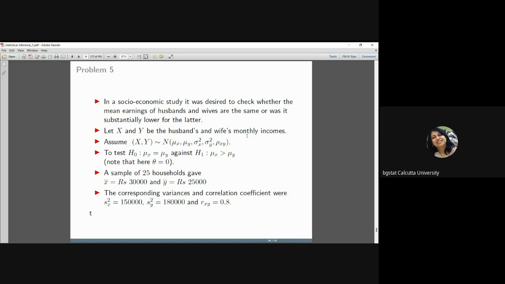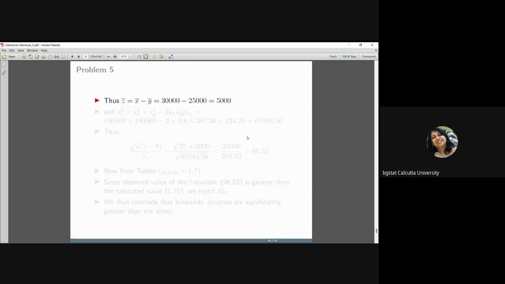I'm not given the raw data. I'm given that X bar is 30,000, Y bar is 25,000. I'm also given Sx square, Sy square, and Rxy, which are the sample variances and correlation coefficient. Note that what I'm interested in is Z equal to X minus Y. Now I know that Z bar will be X bar minus Y bar.